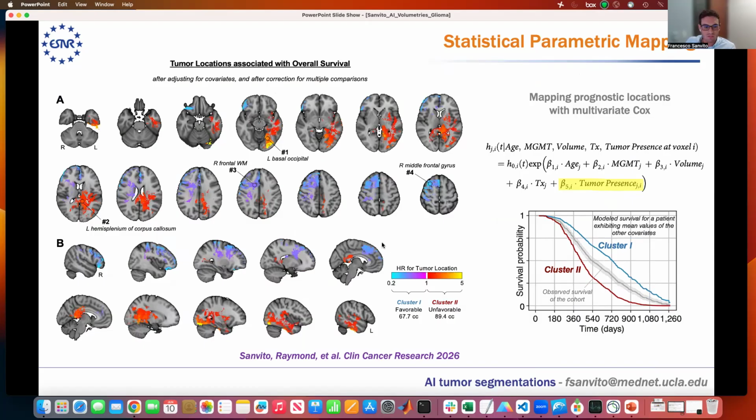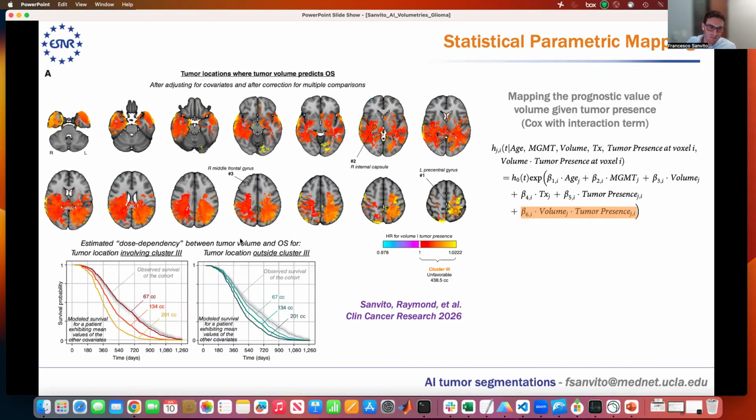I've recently used this approach for survival analysis, and you can construct a model and use it. Of course, you need quite a lot of data. This was a data set of almost 600 patients. And you can see how you can use the model to say that certain locations of brain tumors in the brain, deep-seated, eloquent brain, are worse for survival, whereas other locations are favorable for survival.